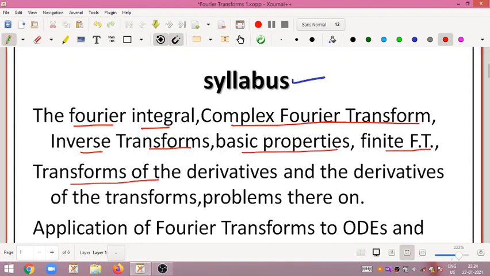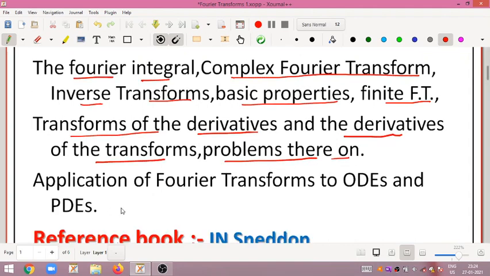Next, transforms of the derivatives and the derivatives of the transforms. Next, problems thereon. Next, applications of Fourier transforms to ODE and PDE. This is the syllabus on Fourier transforms under B.Sc.